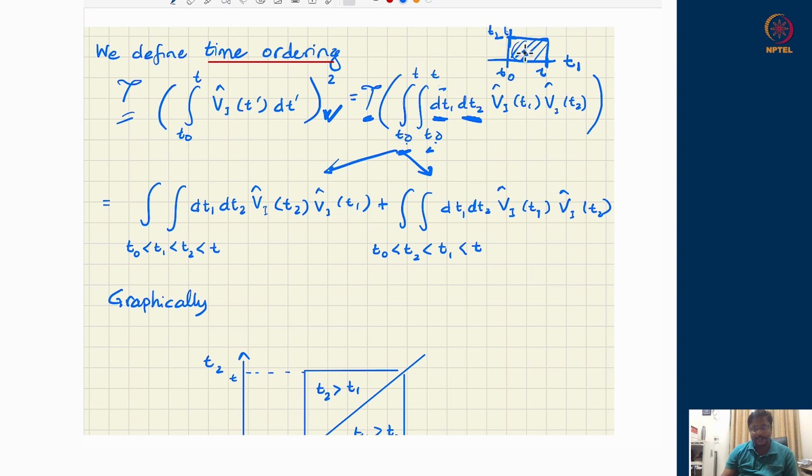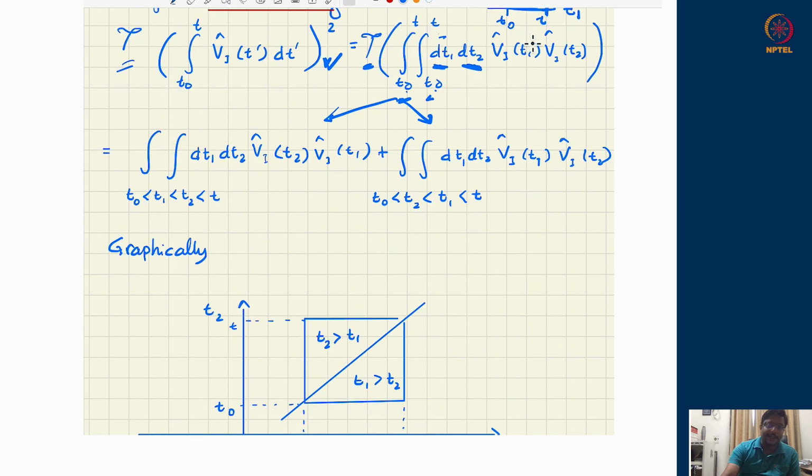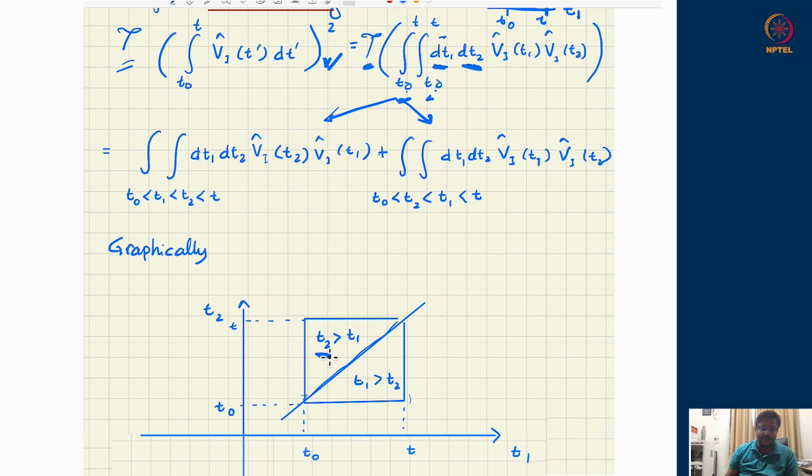I have to obtain the integration inside this square box. This square box can be broken into two triangles, one in the upper half and one in the lower half. In the upper half, the following is true: t2 is greater than t1. In the lower half, the other is true: t1 is greater than t2.